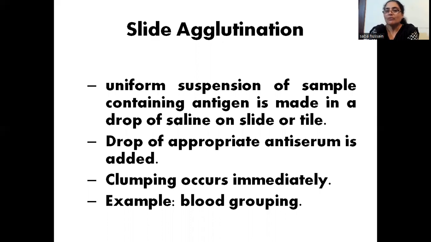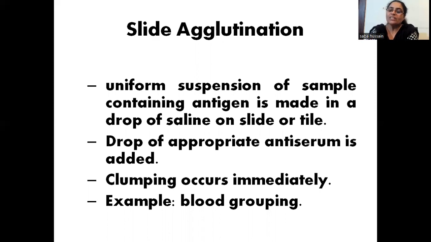So you make a uniform suspension of the sample, that is the blood whose group you want to know, on a slide with a drop of saline, and then you put an appropriate antiserum to that drop. And if there is clumping, you will say this is the particular blood group.